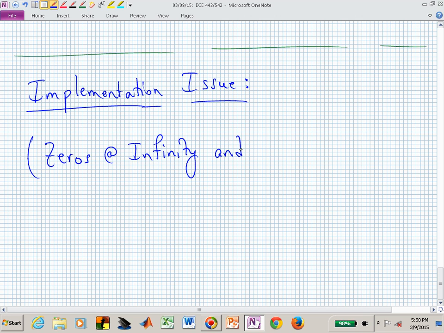And that's what I'm trying to indicate here. The zeros at infinity, and when the input waveform is actually available.